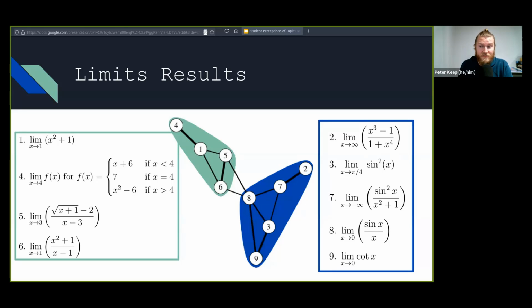There are different types of limits though. One thing I noticed is that number 9 also has division by 0 in it, just disguised in the cotangent function. That wasn't grouped with 5 or 6. It probably was grouped with 8 more because of the trigonometric functions.